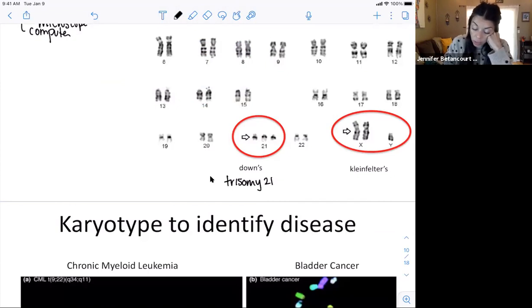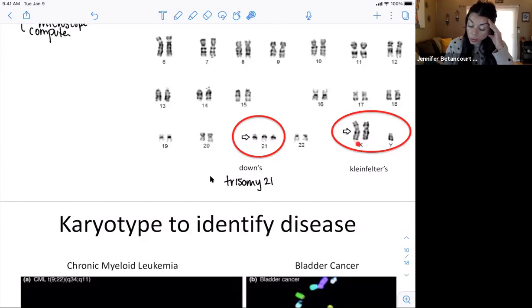And then if you look at this karyotype, there's one other abnormality with regard to chromosome number. This individual also has 2 X chromosomes, and humans usually either have 2 X chromosomes or an X and a Y chromosome. Currently in the science field, we identify the presence of a Y chromosome as the individual being a biological male.